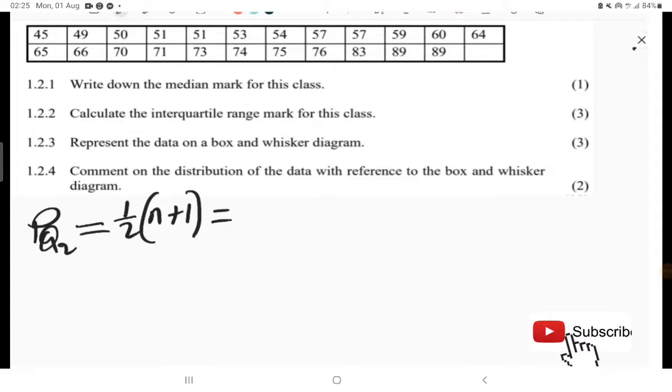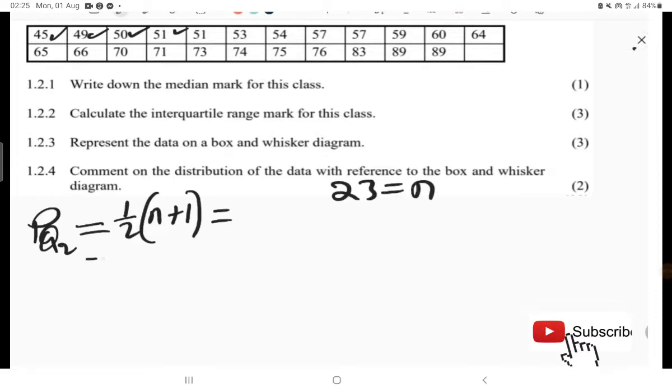When we analyze our formula, this n means the number of data given. If you count the data that you have, you'll find that there are 23 of them. So this n is equal to 23.